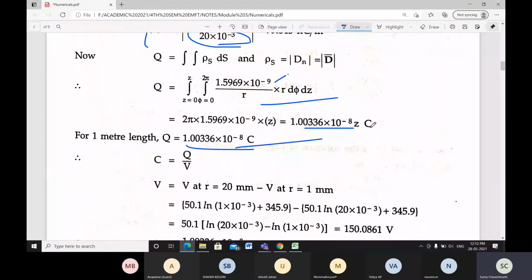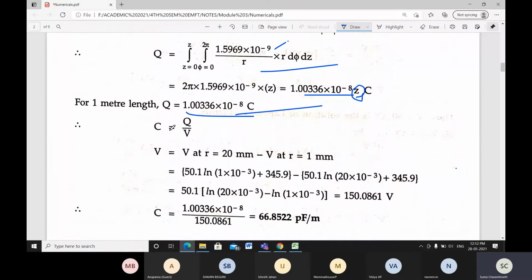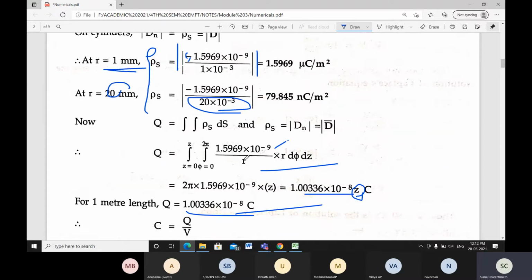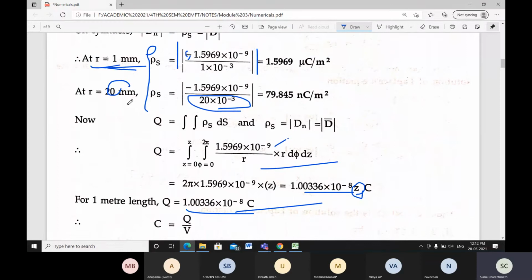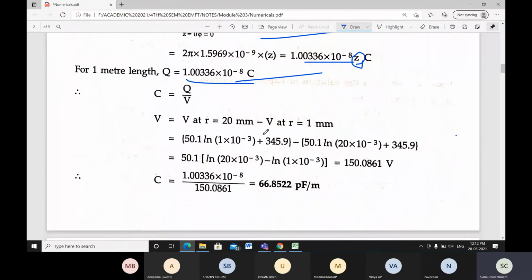This represents in which direction it is moving, because it is in the z direction. For that reason, you should not write it again here. For 1 meter, it will be the same. Then for capacitance value, C is going to be Q by V. Then V is going to be, this is what we took, for 1 milli. Then for 20, again 20 minus V at R equals 1 millimeter.